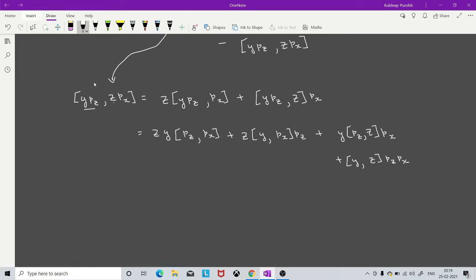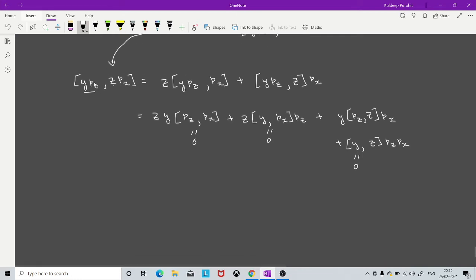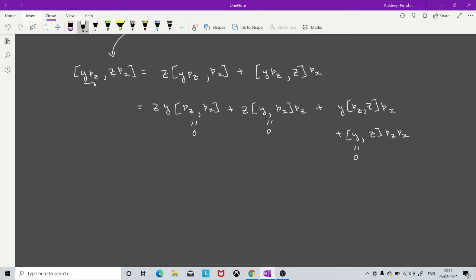Now you can see that pz, px is 0. Y, px is also equal to 0. Y, z is also equal to 0. Only the term y times the commutator pz, z times px remains.